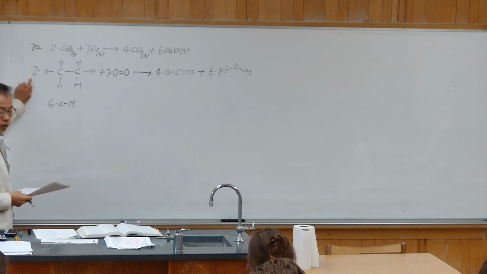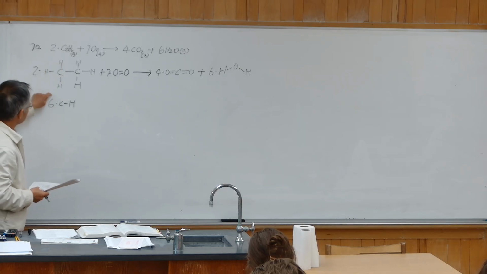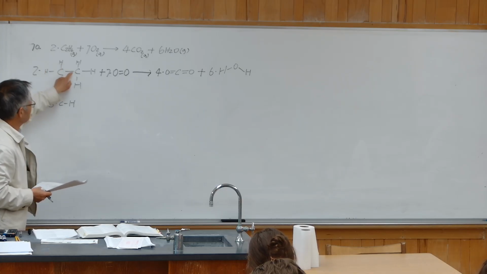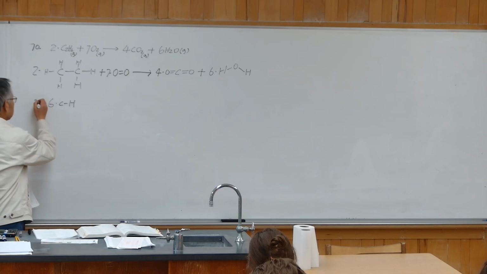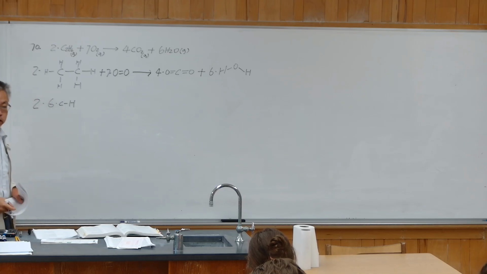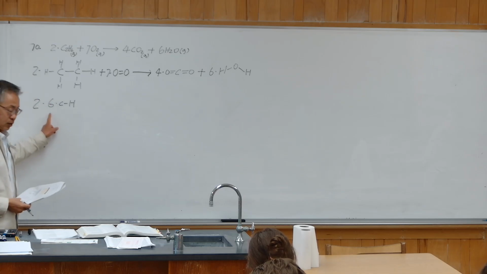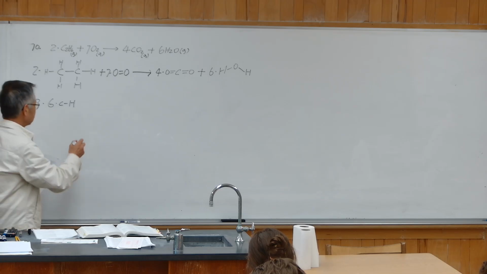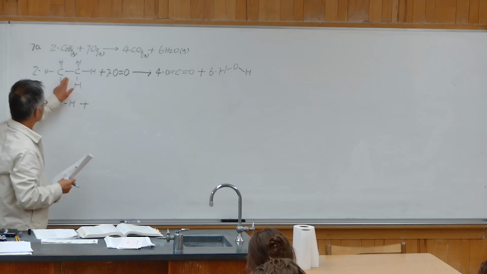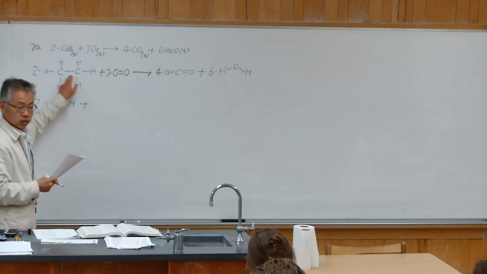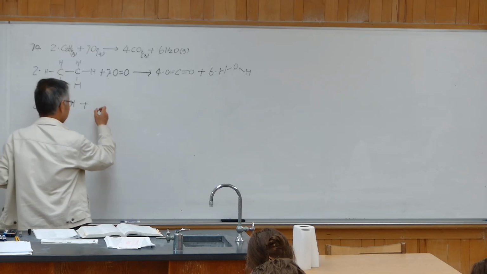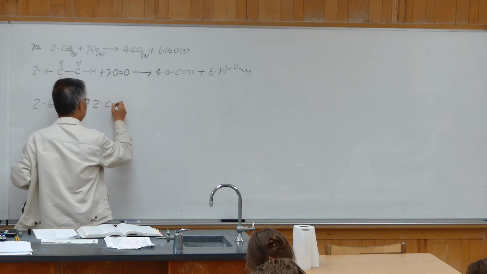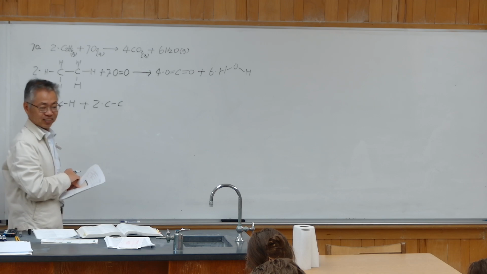These 6 carbon-hydrogen single bonds are for one molecule, so you need to carry this 2. So actually, the total is 12, plus 1 carbon-carbon single bond, but that's 2 moles, so this is 2 times the carbon-carbon bond.